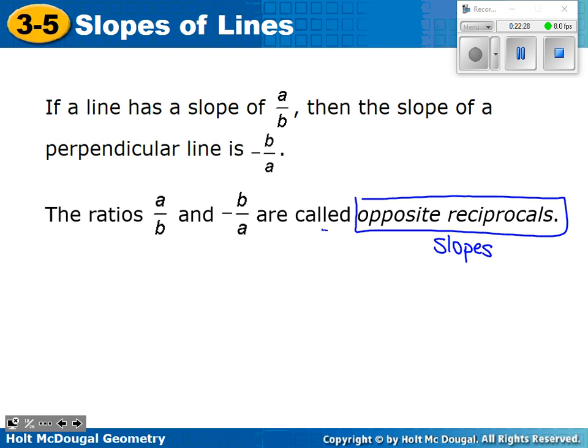So if one of them has a slope of A over B, because it's positive, the other one is going to have a slope of negative, and then you're going to flip it, B over A. So if one is 2/3, the other one will be -3/2. The one that is always tricky for students, and I don't really know why, but it's just because the number messes you up. What if my slope is 1?